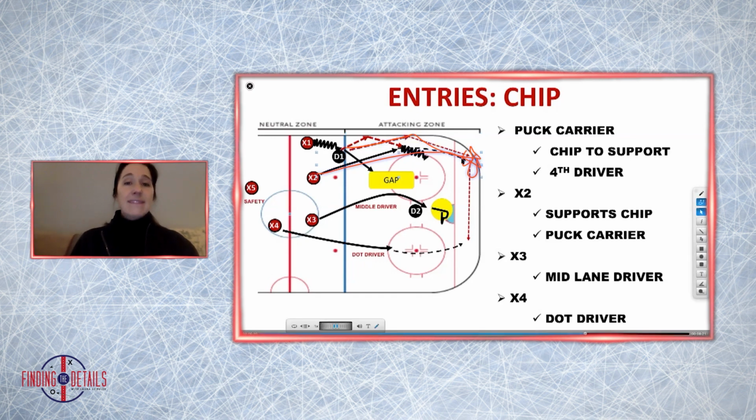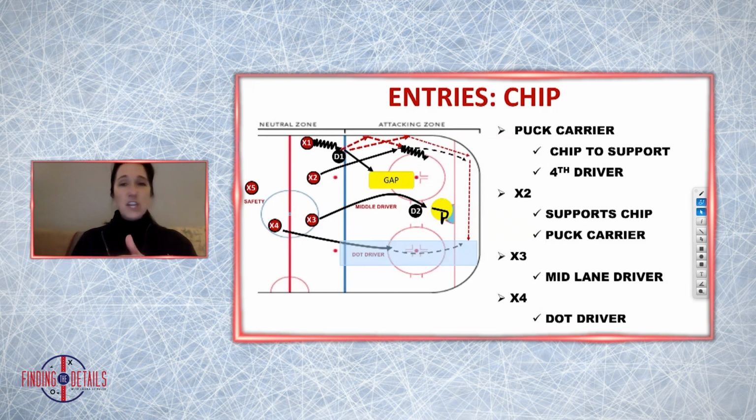And at the same time, if we collect pucks below the goal line and we're under pressure, we're going to look to move that puck east or west to our dot driver, who's in a perfect position again to recover that puck. So now we can generate some offensive momentum in the offensive zone without losing control of the puck.